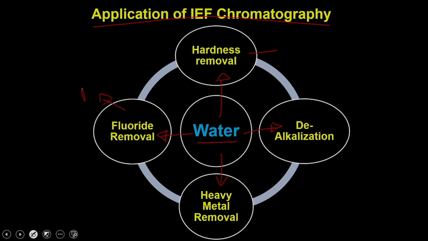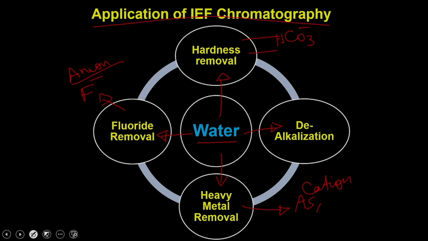Fluoride is negatively charged, whereas hardness is because of carbonates and other molecules, and heavy metal contamination is because of arsenic or other heavy metals.